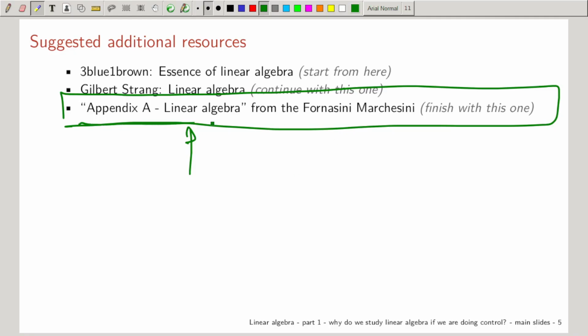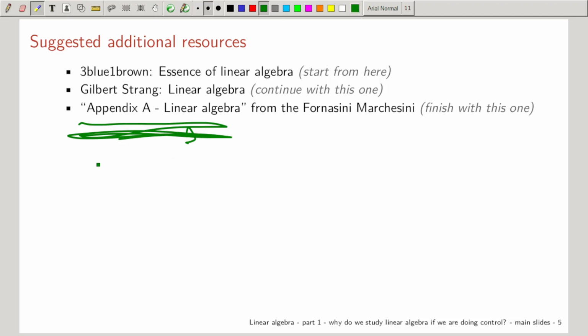This appendix here is everything that you need to know from a control perspective about linear algebra, PhD level difficulty. Very formal, very mathematically precise, very not connected to reality in the sense that it's research-oriented stuff. Take a look.